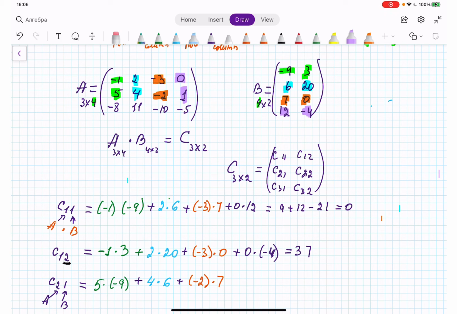If you add them up, you are going to get negative 23.